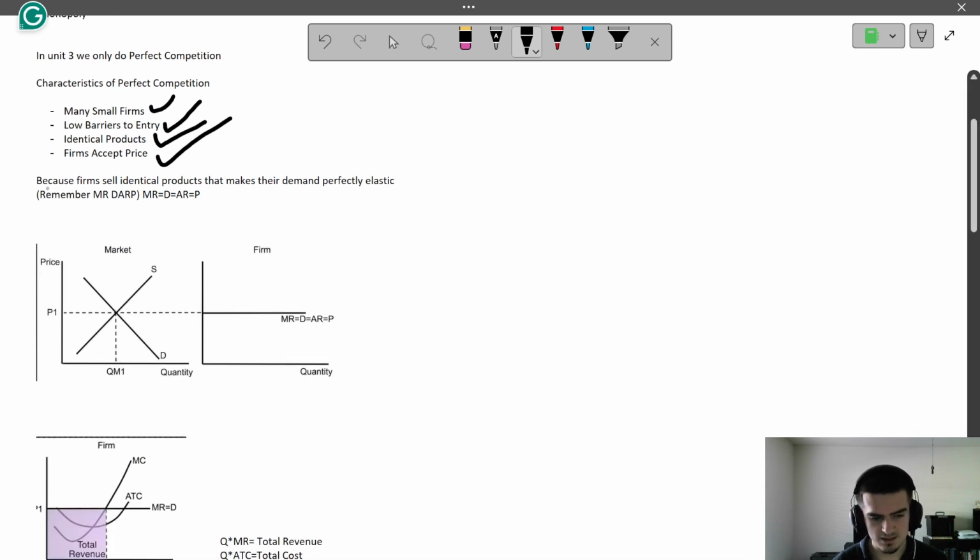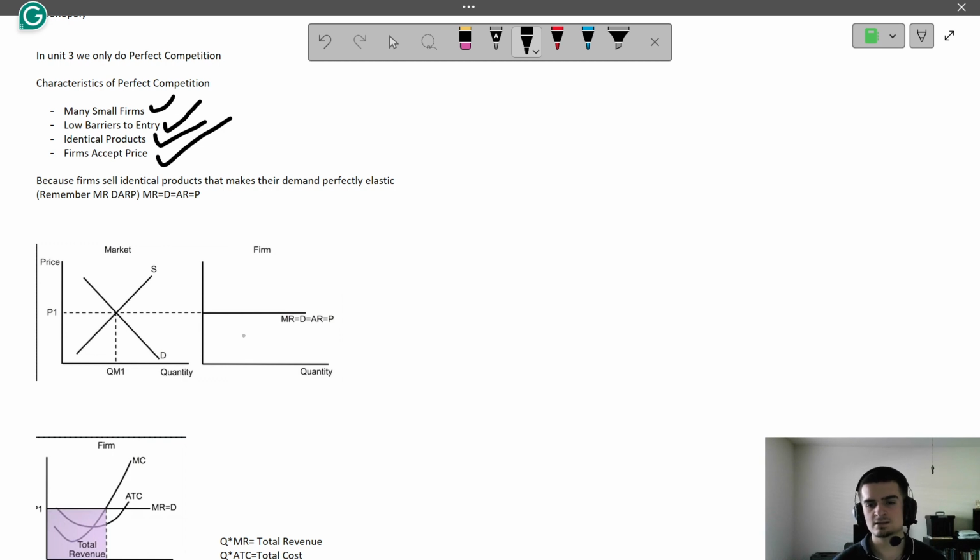So firms accept price. Because firms sell identical products, that makes their demand perfectly elastic. That individual firm's demand will be perfectly elastic. It doesn't necessarily mean that the market's perfectly elastic, but that individual firm. Because what happens if that firm raises their price? What would you do if you're driving your car and you need to put gas, and you pass by two gas stations?